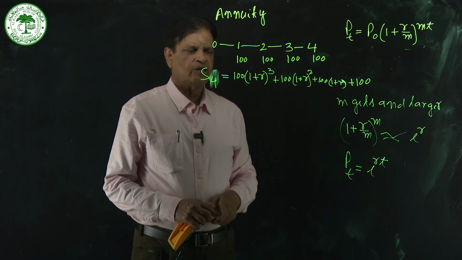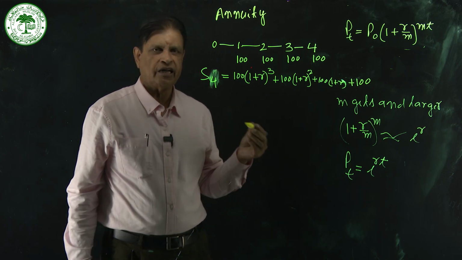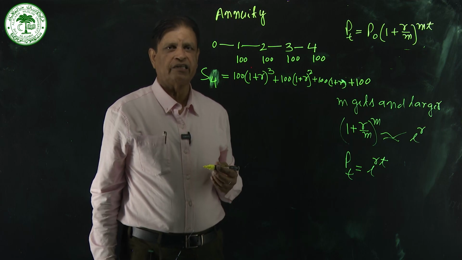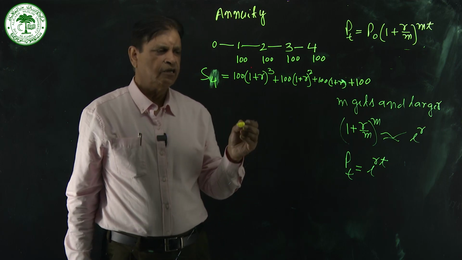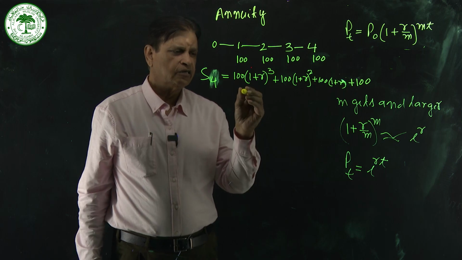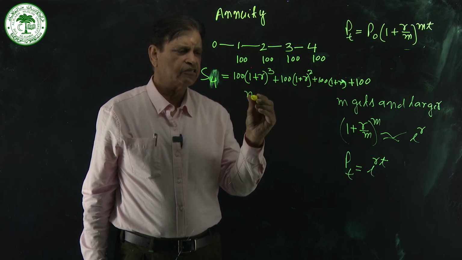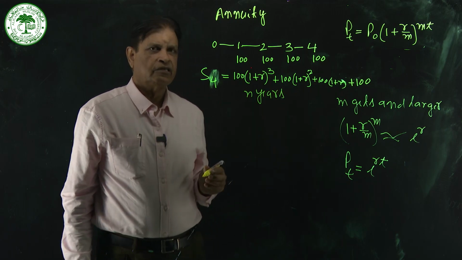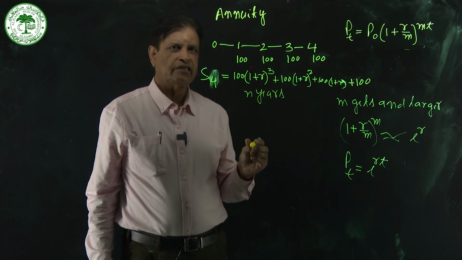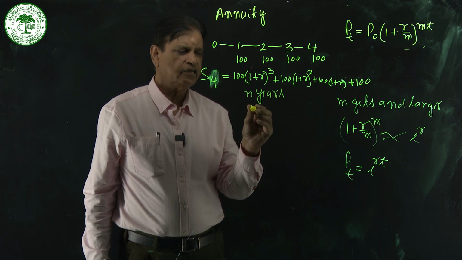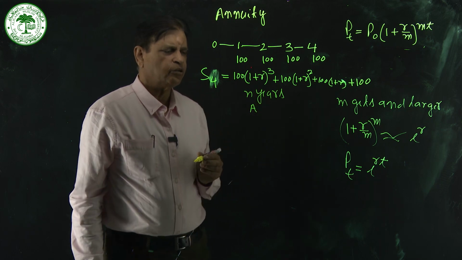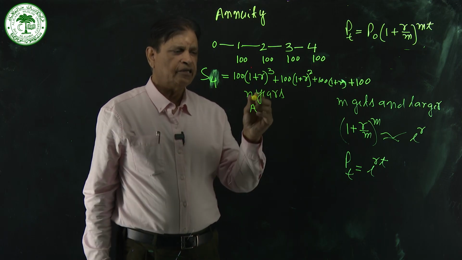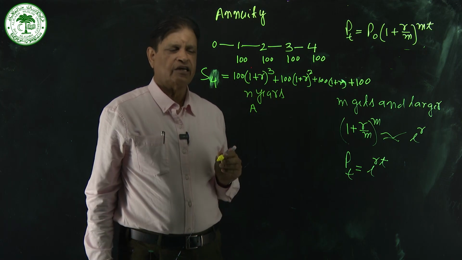So by that analogy, if we generalize this method of finding the sum of an annuity, suppose we take the annuity for n years, and the amount that we deposit at the end of every year is A. So A is the amount that we are going to deposit at the end of every year, and the number of years is n.